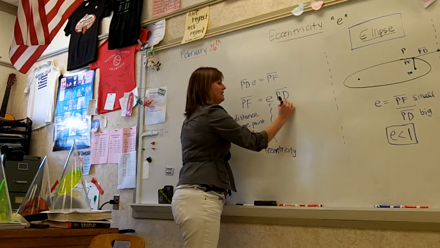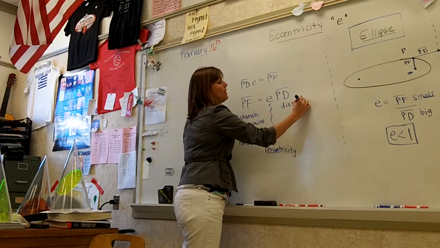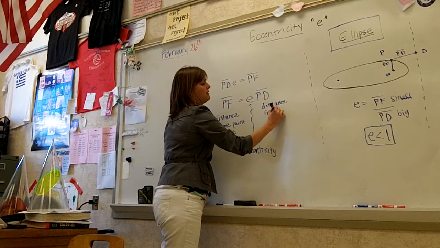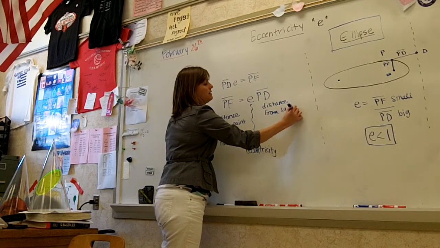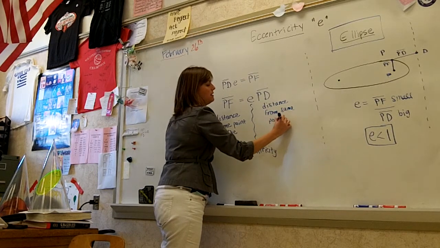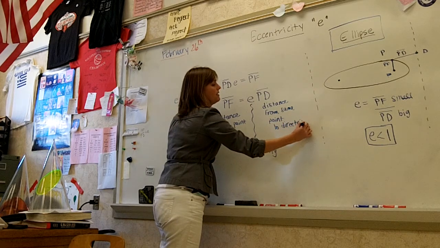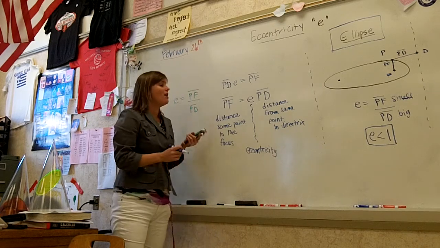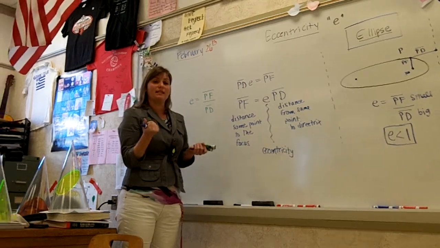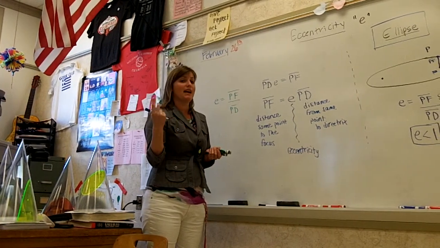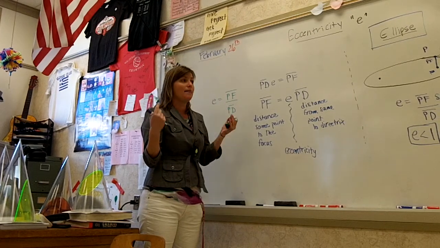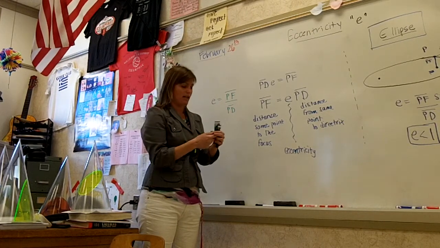And this is equal to the distance from that same point to the directrix. Okay? So now, if I know where the focus is, and if I know where the directrix is, and if I know what the eccentricity is, then I can actually come up with the equation of the conic.